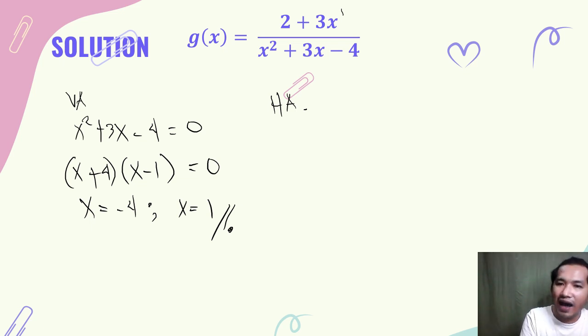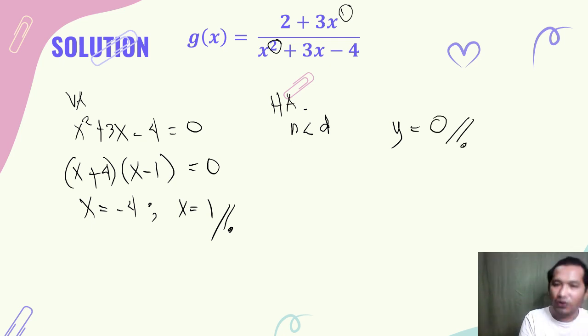The highest degree of our denominator is 2. So are they equal? No. n is less than d. So our y is equal to 0. Alright, so that is for problem 8.